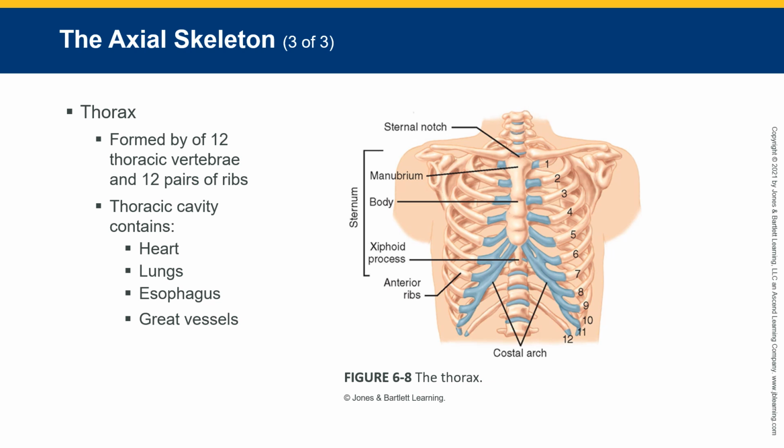Your great vessels are your superior and inferior vena cava, the great vessels that bring blood to and from the heart, to the body and to the lungs.